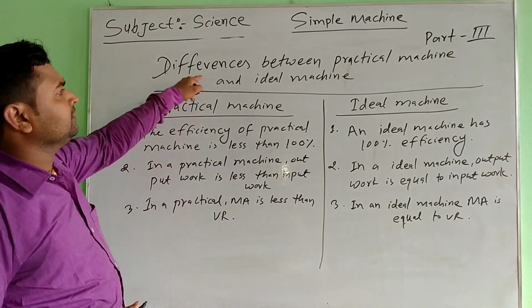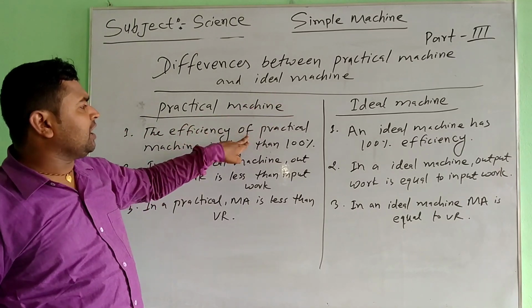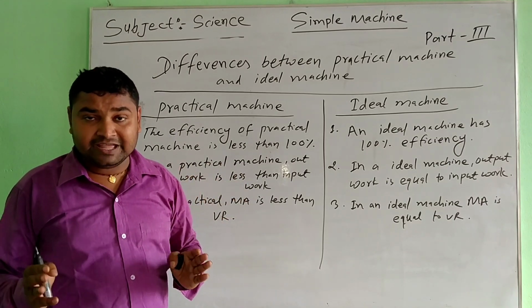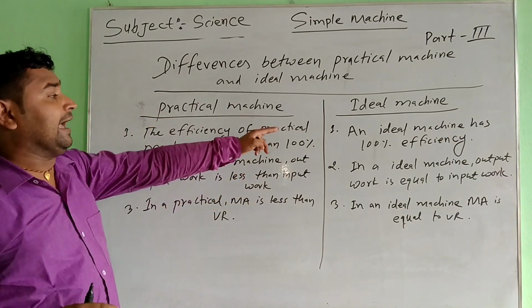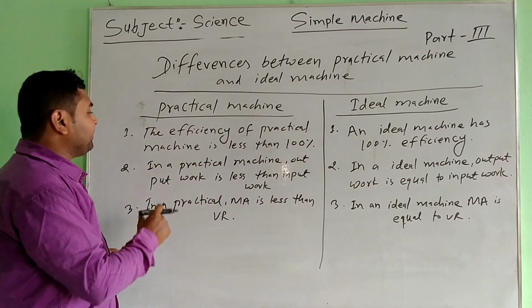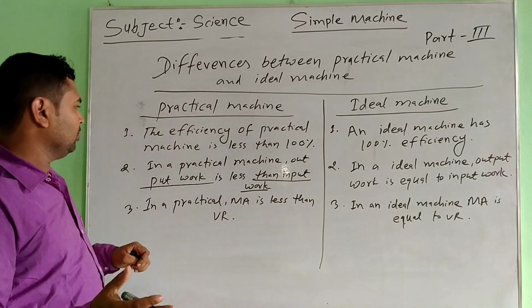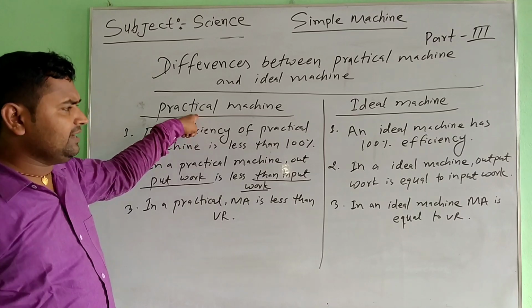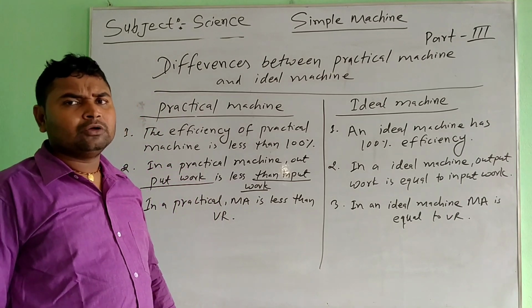The efficiency of a practical machine is always less than 100%, but in ideal machines efficiency is always 100%. In a practical machine the output work is always less than input work, but in an ideal machine the output work is always equal to input work.